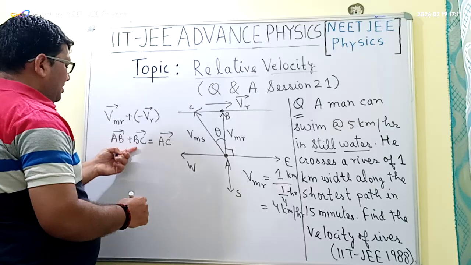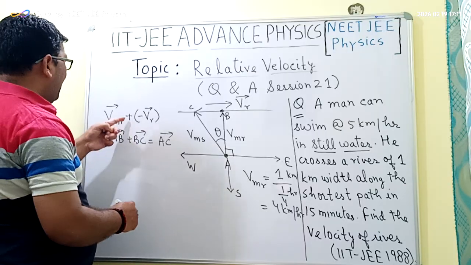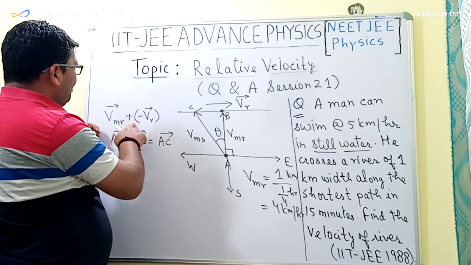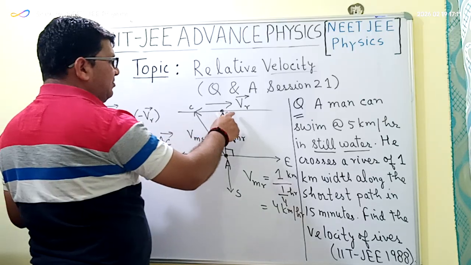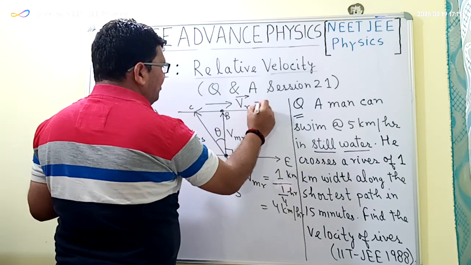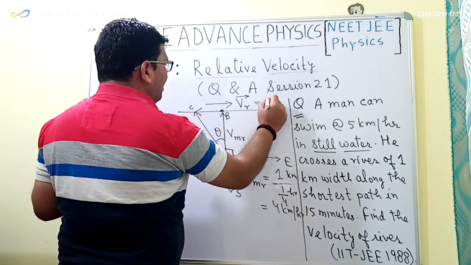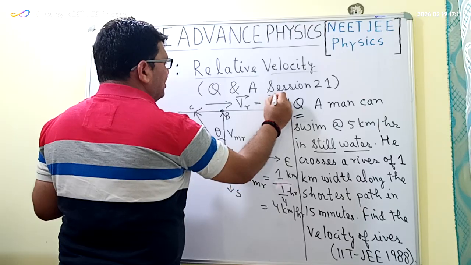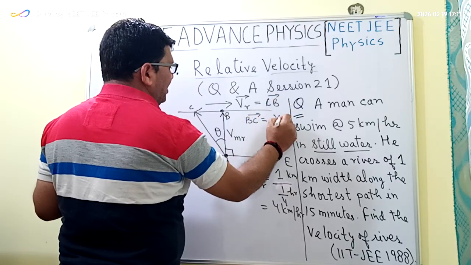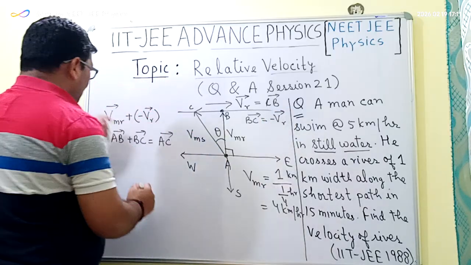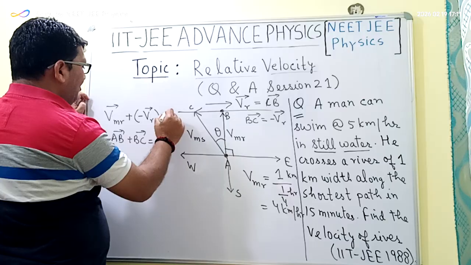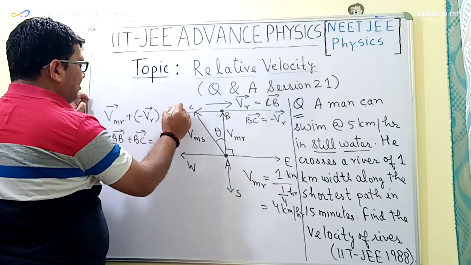By using this equation, I can write that VMR, the velocity of the man with respect to the river, plus minus VR is equal to the velocity of the man in still water. I have written minus VR because the velocity of the river is represented by the vector CB, so the vector BC will be equal to minus VR.